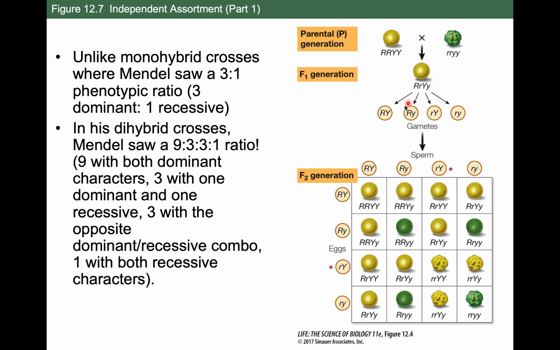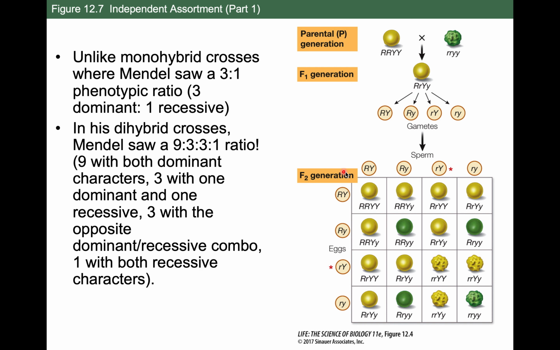But now we've got four different possibilities. So we could get big R with big Y, big R with little y, little r with big Y, or little r with little y. So you should get these four different gametes being made from this parent in basically equal proportions.